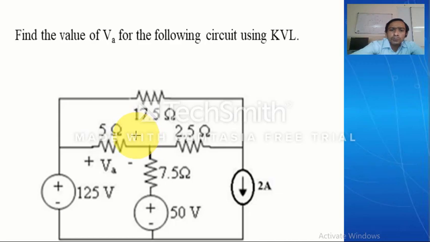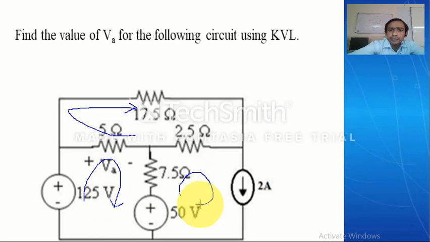So by using KVL we have to use mesh analysis. There are 3 mesh. First is this mesh, another is this mesh and third one is this mesh. We will assume the current in this mesh be I1, current in this mesh be I2 and current in this mesh be I3. Now I will show you how to apply KVL in first loop.